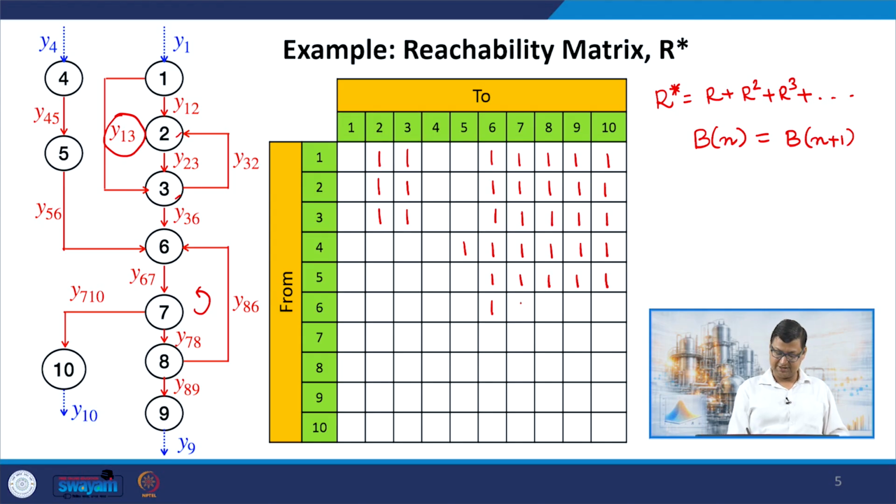So, we have 6, 7, 8, 9, 10, and from 7, because it is forming a loop, a cyclical net, I can come back to 6 and therefore 7, 8, 9, 10. From 8 again it is part of the same loop, so I can come back to 6, 7, 8, 9, 10. From 9 I cannot go anywhere irrespective of the number of steps because it is an output interface, and from 10 as well I cannot go anywhere.